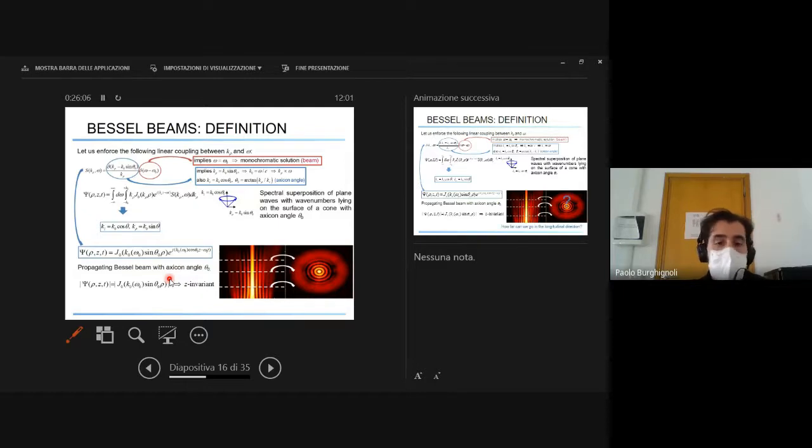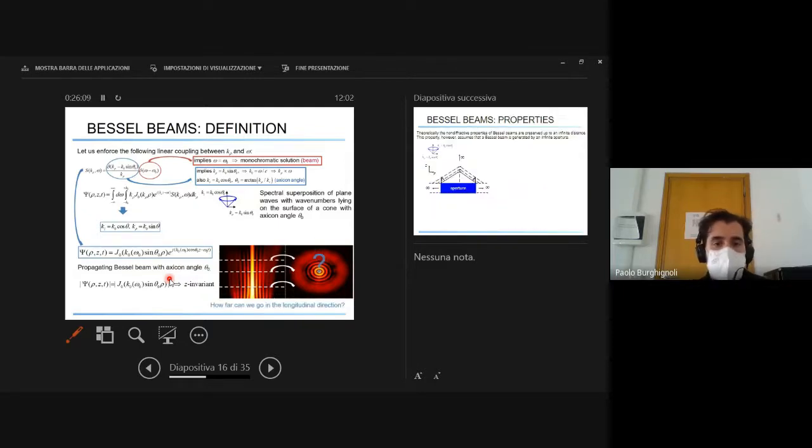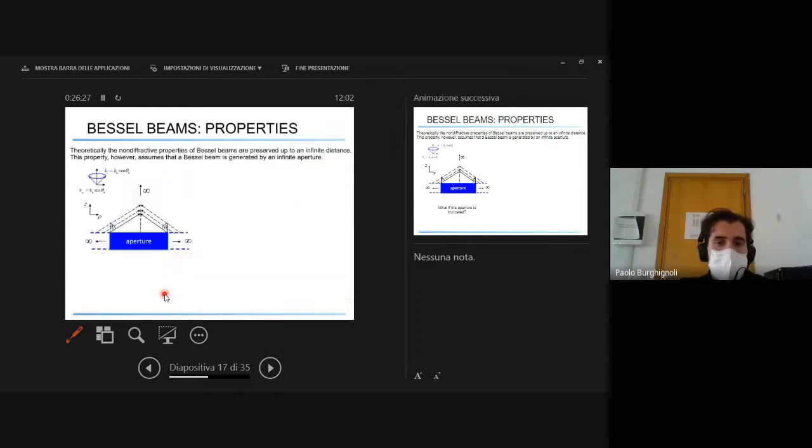But now one should ask, how far can we go in the longitudinal direction? Is it really true that this beam can propagate along the z-axis up to infinity? This is what this expression is telling us, because it is an ideal expression, but in the real world, this does not happen.